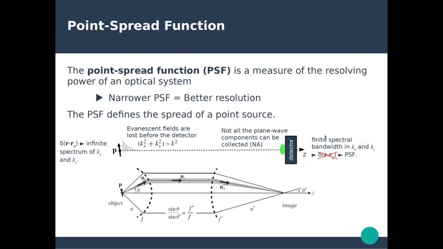So in the end, the detector is only collecting a finite spectral bandwidth. If you inverse Fourier transform, you do not obtain the Dirac function that you had for the point source, but something which is spread in space. And that's the point spread function. So the point spread function is no more than just the spread image of a point source.